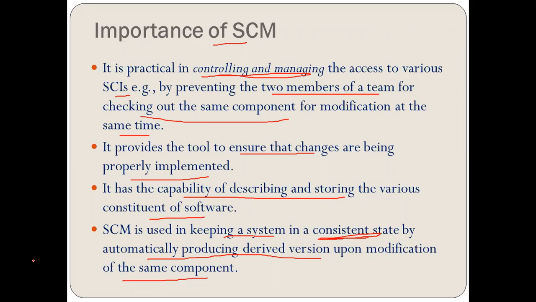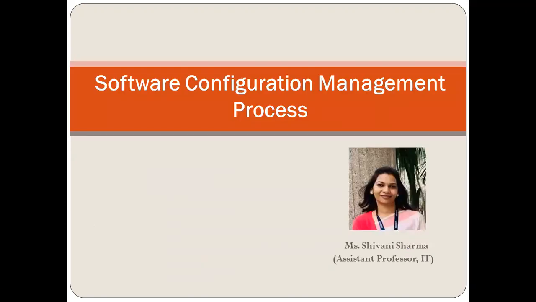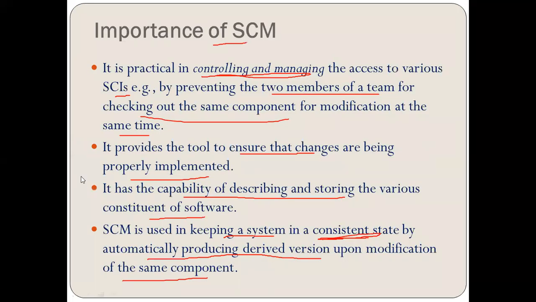That means certain changes are done and it is stored as version 1. Then version 1.1 will be there, then certain changes are done again, and it is stored as version 1.12. This is how it is done. So I think that's the thing we are going to study in all these particular points, right?